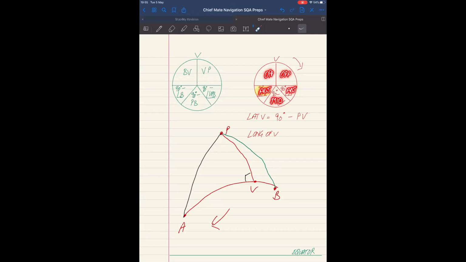So I will use the mid-ship of AP times tan of adjacent.